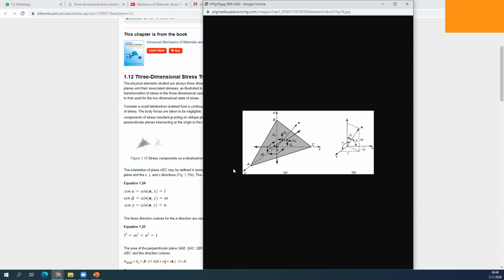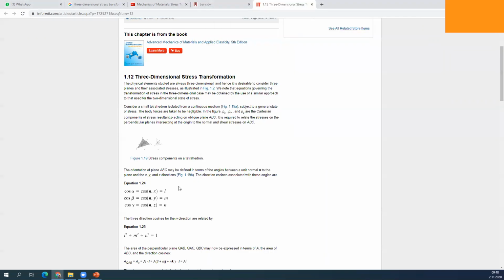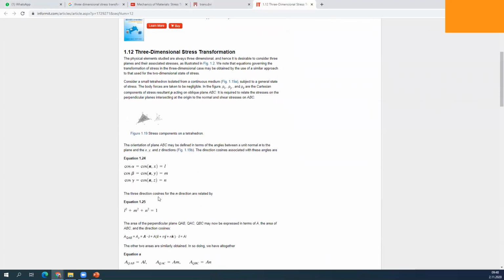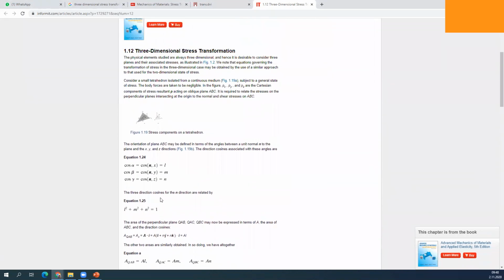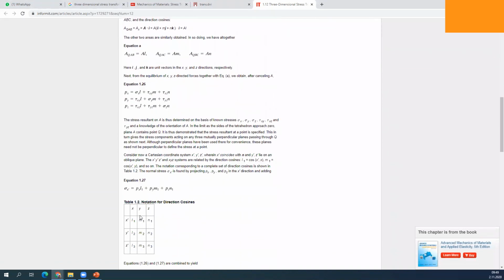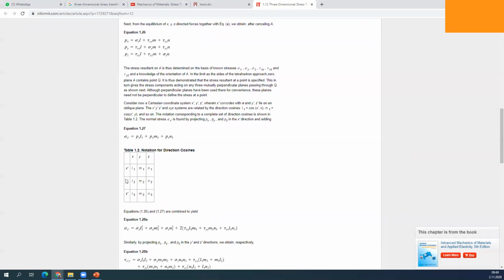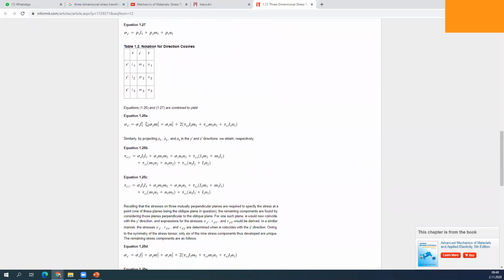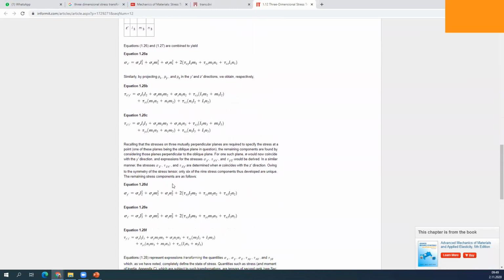We use the direction cosine matrix, which I hope you know from linear algebra. Each x, y, and z term is represented by direction cosines L1, M1, and N1, and the transformation formulation looks like sigma 1 L1 squared plus sigma 2 M1 squared, like this.